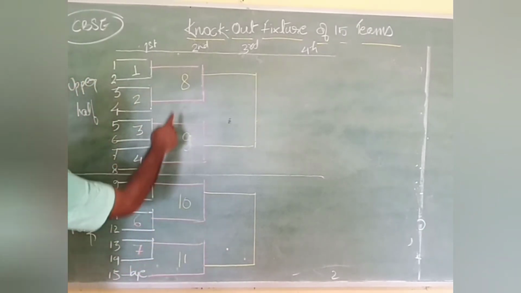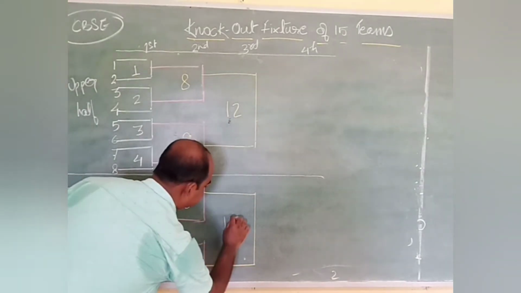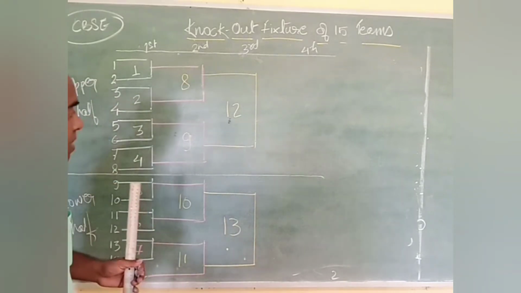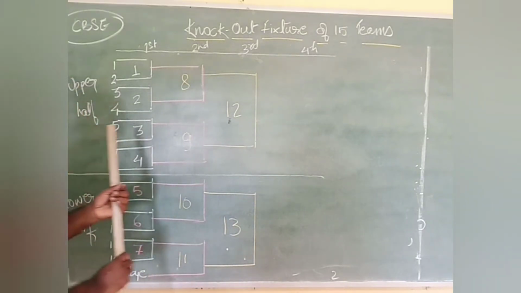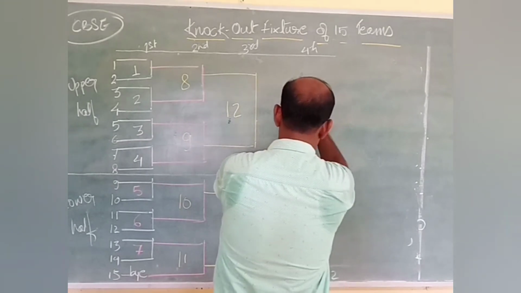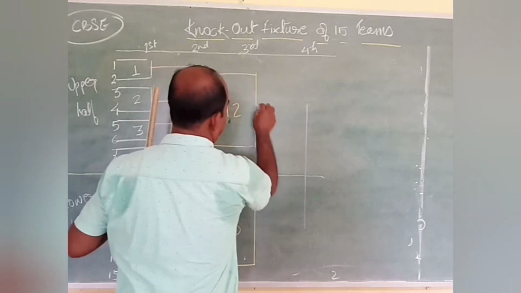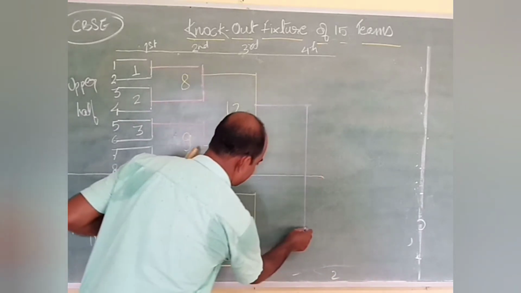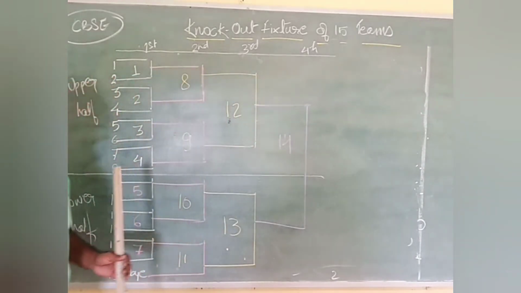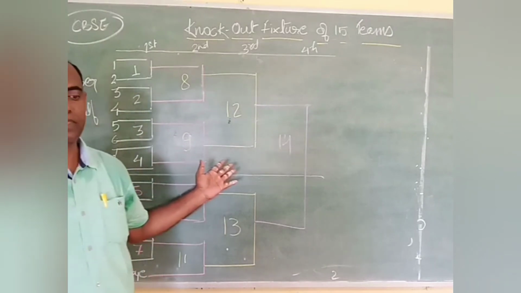But here the sequence of matches is 11, 12, 13. And then next is the final match, the winner of this, and this is match number 14. So this way your fixture is ready.